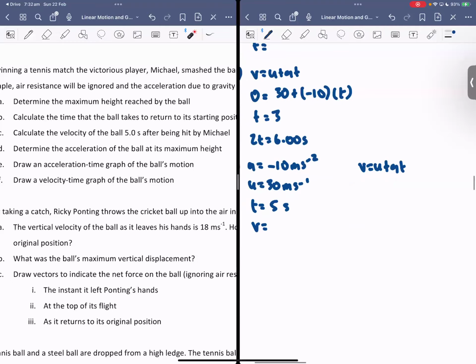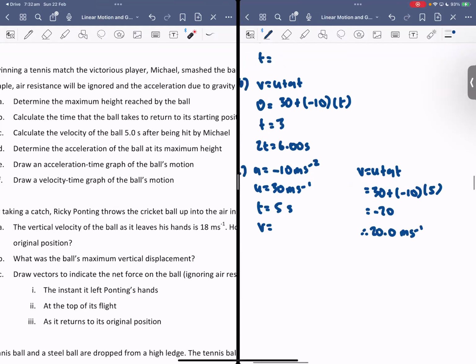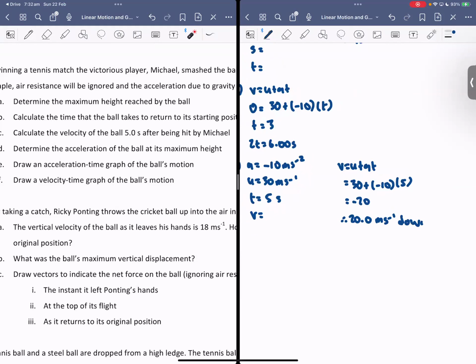U is 30, A is negative 10, time is 5. I'm getting negative 20. So the answer is therefore 20.0 meters per second down. Velocity is a vector, so you must give a direction.